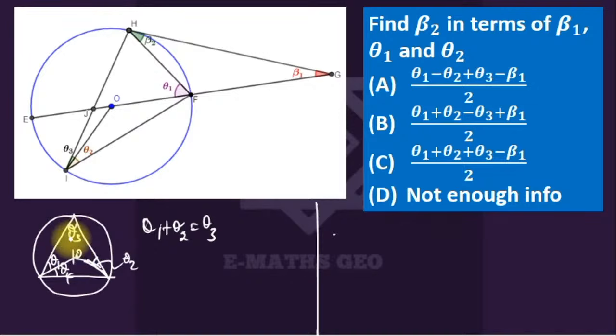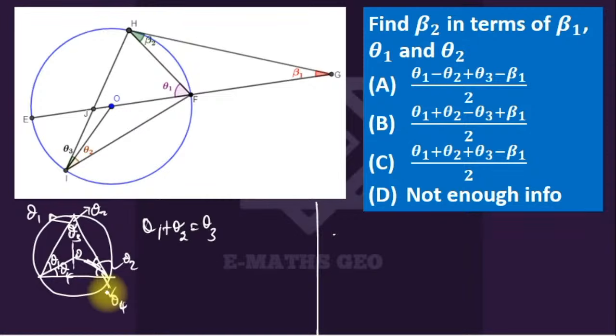If I add an auxiliary line here, we see that this small part is theta 1 based on isosceles triangle theorem, because this is the radius, this is also the radius. This is also theta 2 by isosceles triangle theorem. So have you seen why theta 1 plus theta 2? Again, if here is theta 4, here is also theta 4. This small part is theta 4. Why?